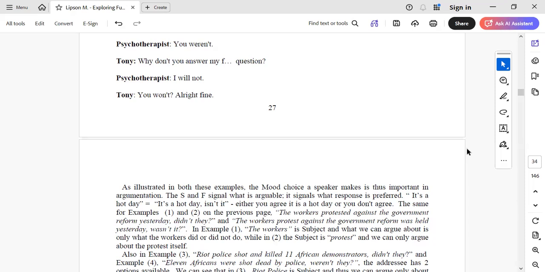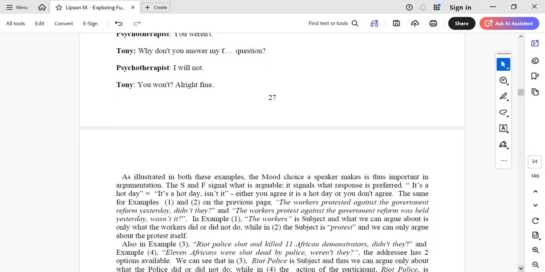It sets the argument. So we focus on the subject, and then the rest of the sentence, and then we understand that some sort of argument is involved here. So all of these sentences, or most of these sentences, do have the subject, and so it seems that something is being argued here.